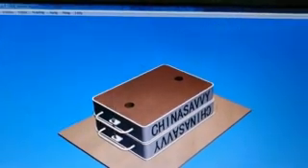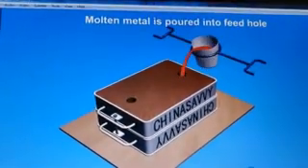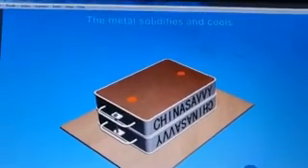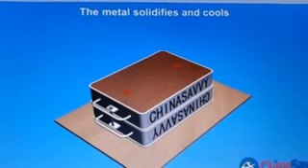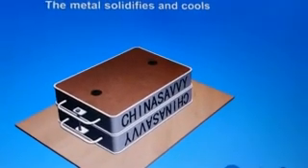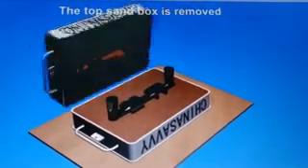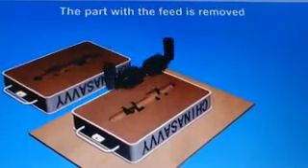You can see the foolproofing pins to make sure that the mold is in correct position. Then the molten metal is poured through the sprue, and then the metal is allowed to solidify and cool. Later on, the sand is taken off, or the two halves are separated, and the product is removed.